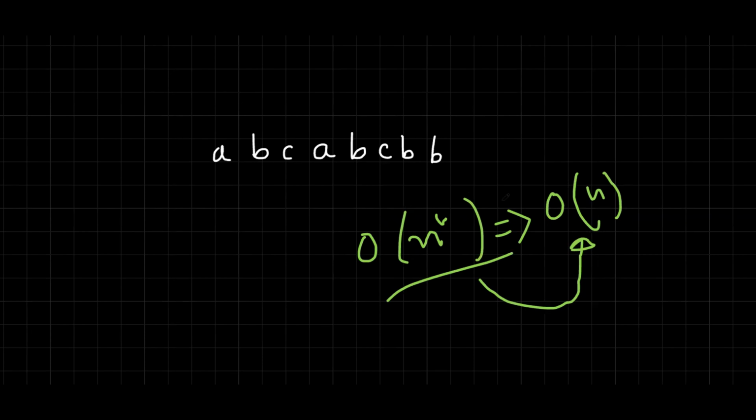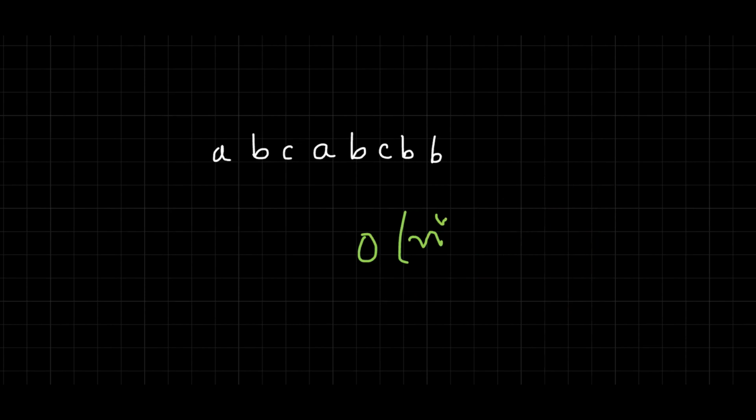To reduce the complexity, we will use the sliding window technique. How does the sliding window technique operate here? Basically, it's a window that shifts from left to right, and in each iteration, we calculate the answer.